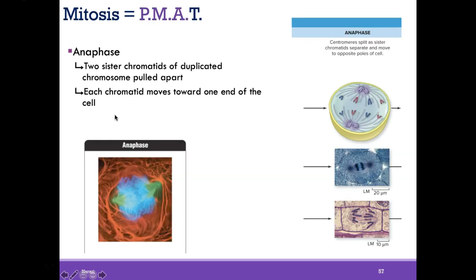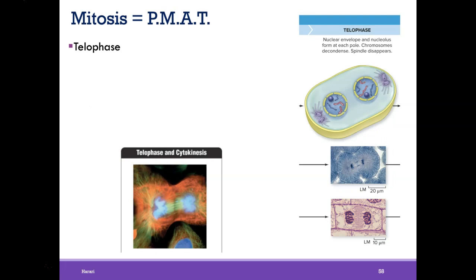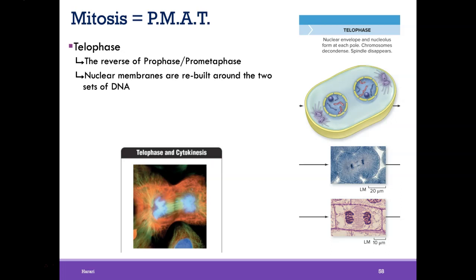Right. So we've had prophase, prometaphase, anaphase. The next phase is telophase. The easiest way to think about telophase is as the reverse of prophase and prometaphase. So whatever happened in prophase and prometaphase, the opposite will happen in telophase. Specifically, the nuclear membranes will be rebuilt around the two sets of chromatids. So we're reforming two new nuclei. Think about telophase as two new nuclei.